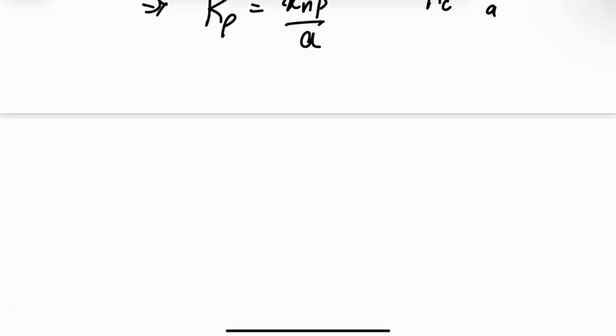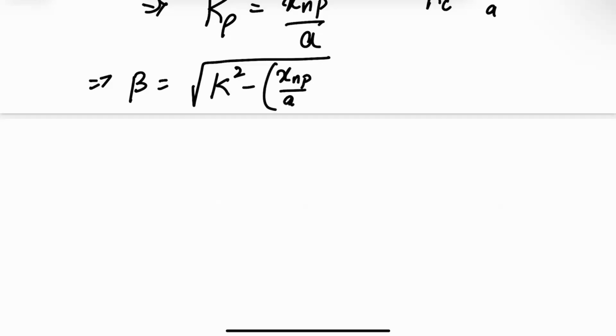So now my beta, or kz, which is the wave number in the z direction, is the square root of k squared minus (xnp over a) squared. From this, you can get the cutoff frequency. You set this to 0, and that tells you that k is equal to xnp over a.